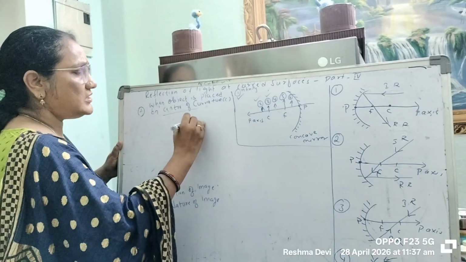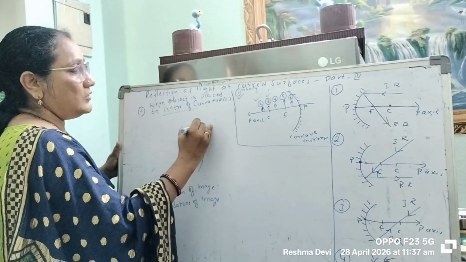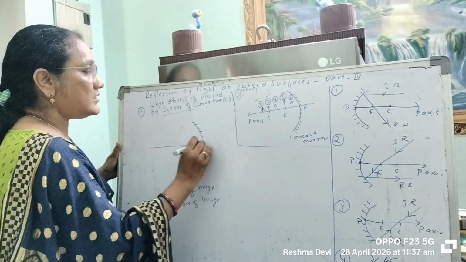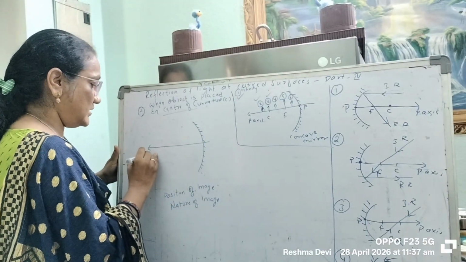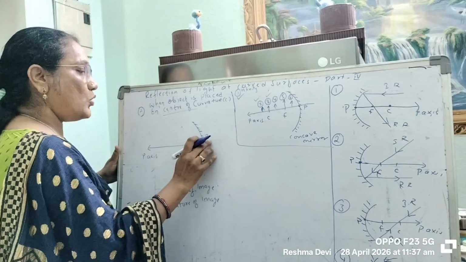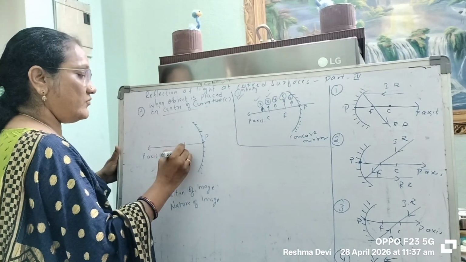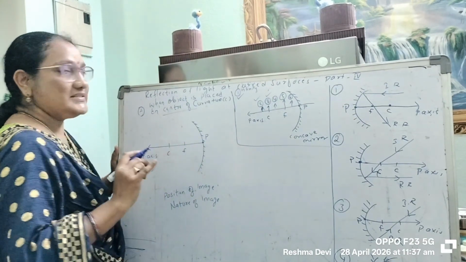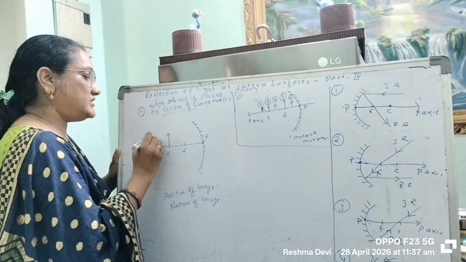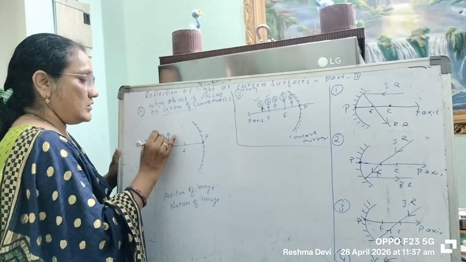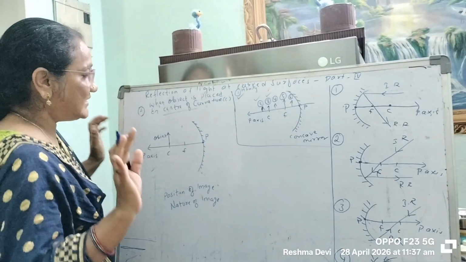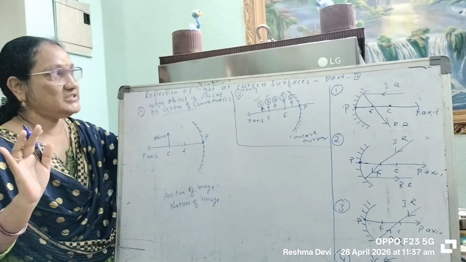First, as usual, on white drawing sheet, draw concave mirror, right? Principal axis, pole, focus point, center of curvature. Now object is placed on center of curvature. Now let us see the image position.